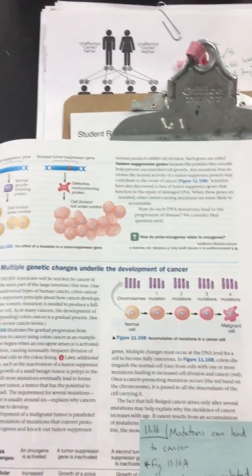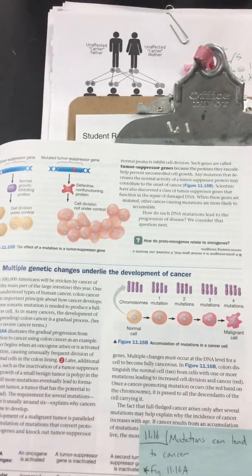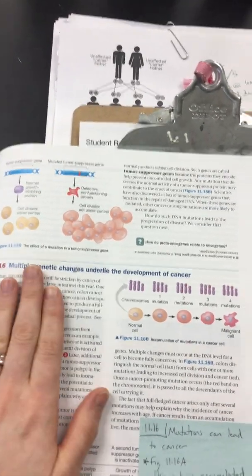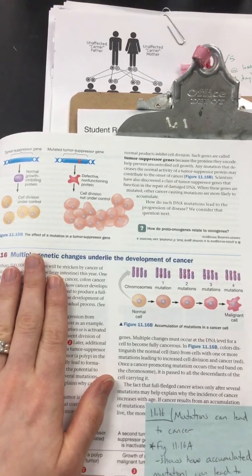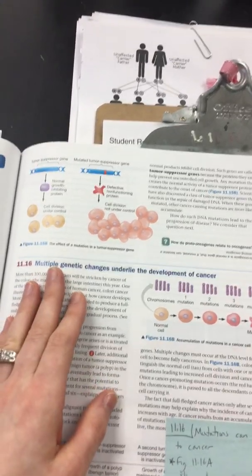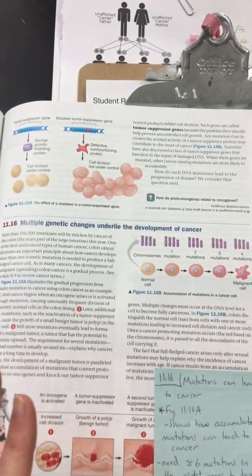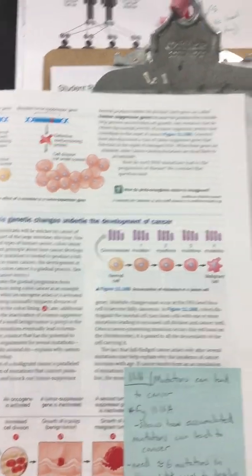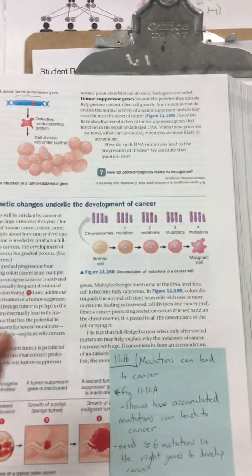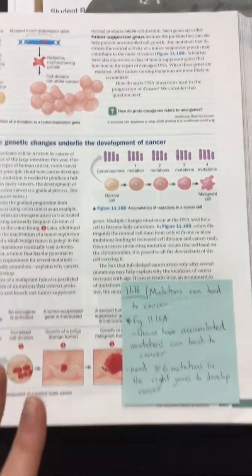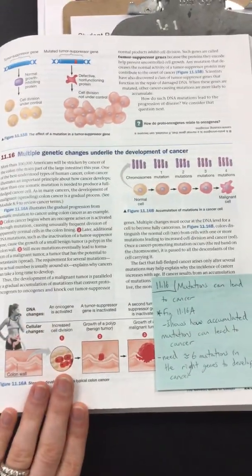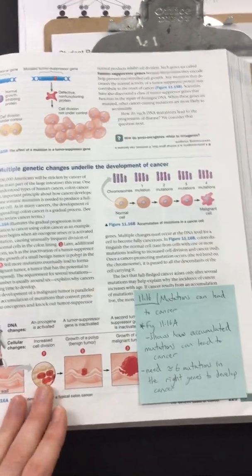And if it's not stopped, then you have division happening when it's not supposed to happen. Okay, that's one way that a tumor suppressor gene can lead to cancer. So then, let's say you have a mutation in a proto-oncogene. Is that the end of the world? No. Because you need about 6 mutations before cancer will develop.